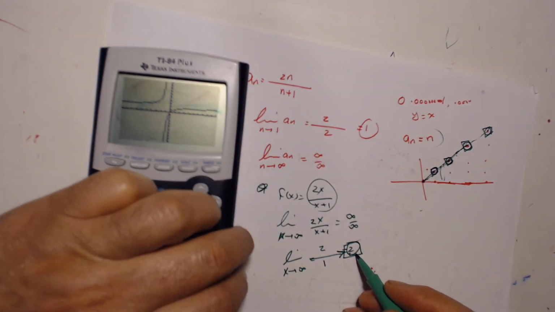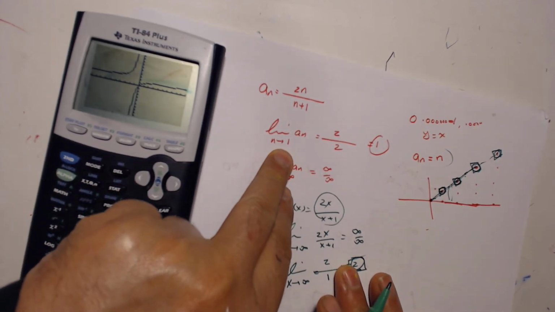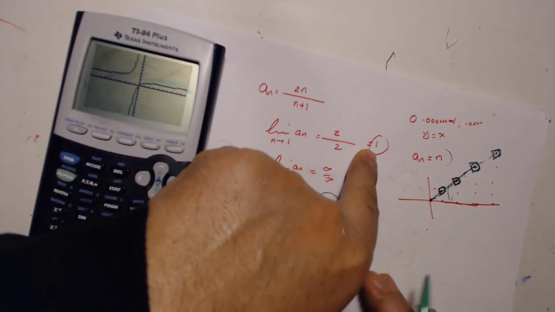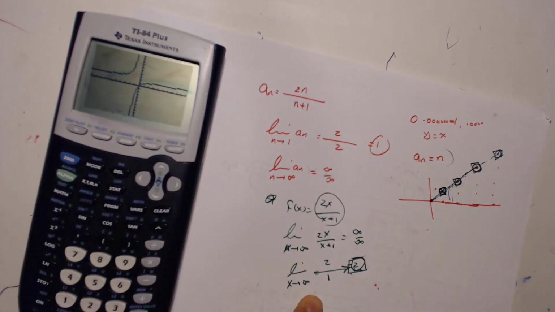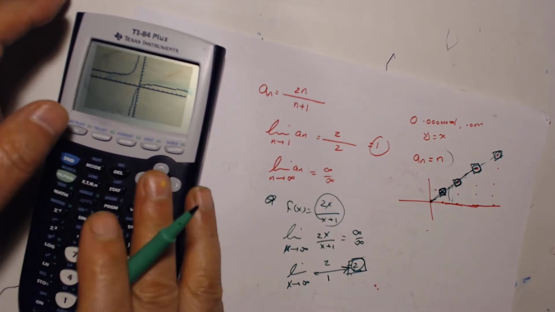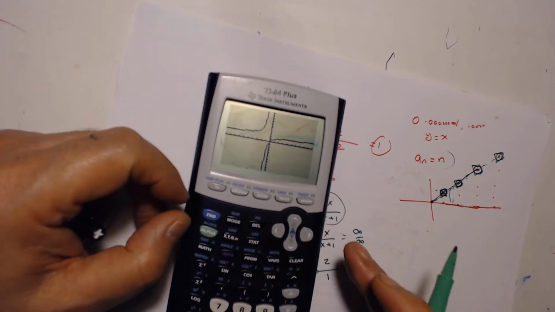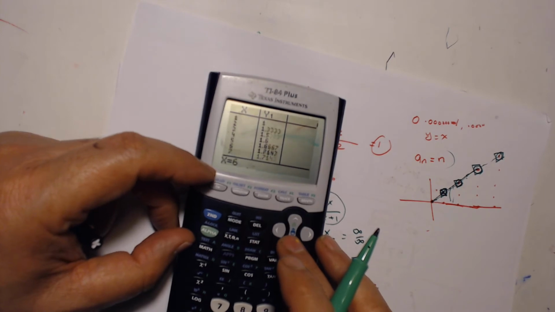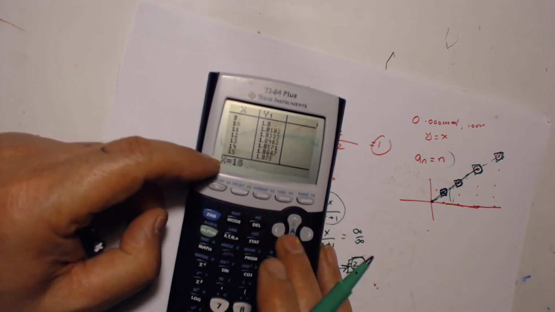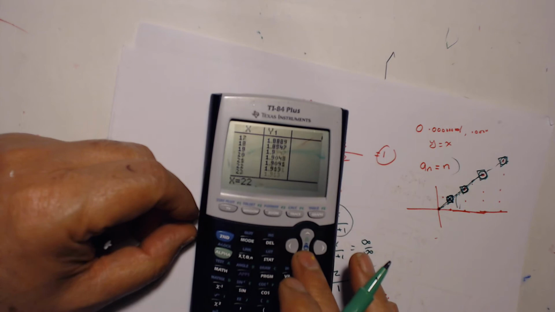Therefore, that's not the same as this one. When n is 1, you get exactly 1 at an integer point. But in here, you are approaching 2. You might not ever get 2. Therefore, if I go to my table, see, I am approaching 2. Do I ever get 2?